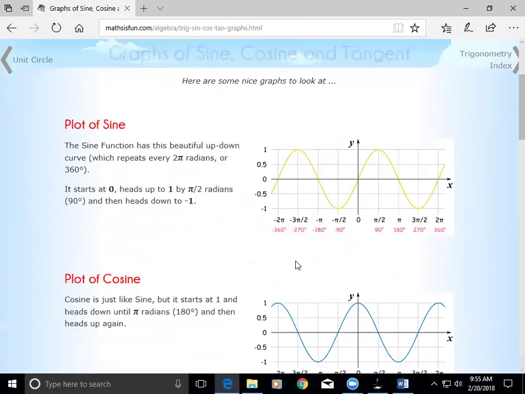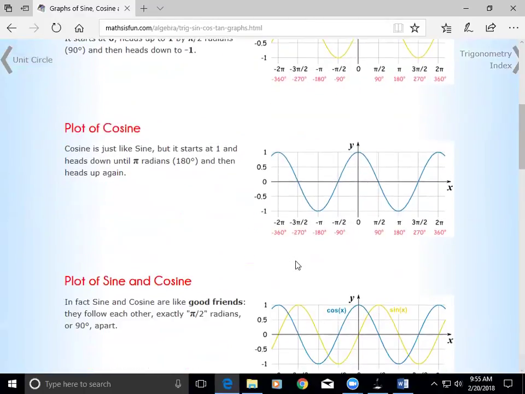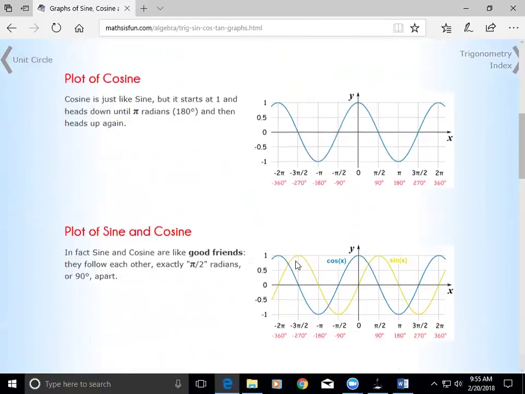The difference with cosine is what? You start high. So you've got high, axis, low, axis, high, and that gives us one complete cycle in 2 pi radians.